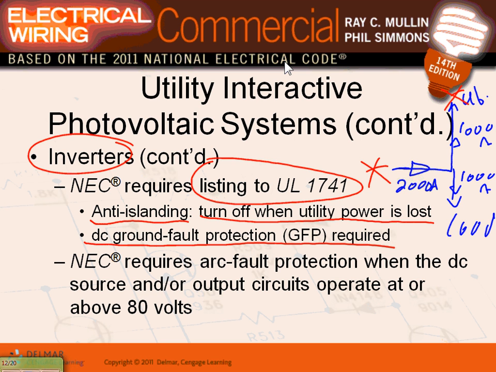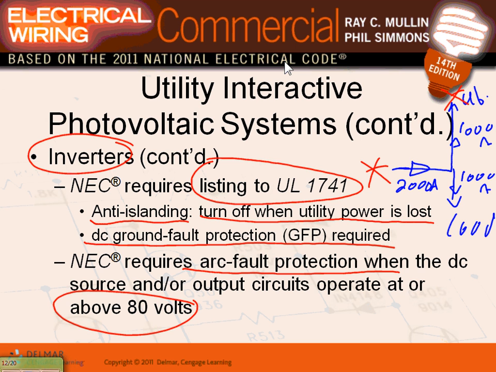Also, the NEC code book, believe it or not, has an arc fault circuit interrupter requirement for the DC, guys. If you have any system above 80 volt, they require you to have an arc fault circuit interrupter system. So they want you to be able to see when that positive starts arcing to the frame of the panel and creating fire.